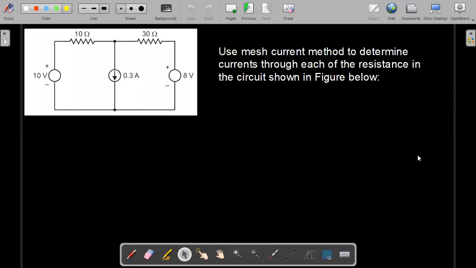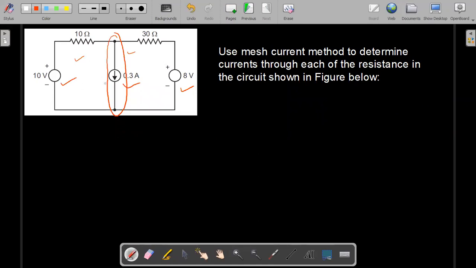In this electric circuit we have two voltage sources and one current source, right? Because in this two meshes, this one and this one, these two meshes share one current source in between, it is difficult to apply the KVL in such type of network.